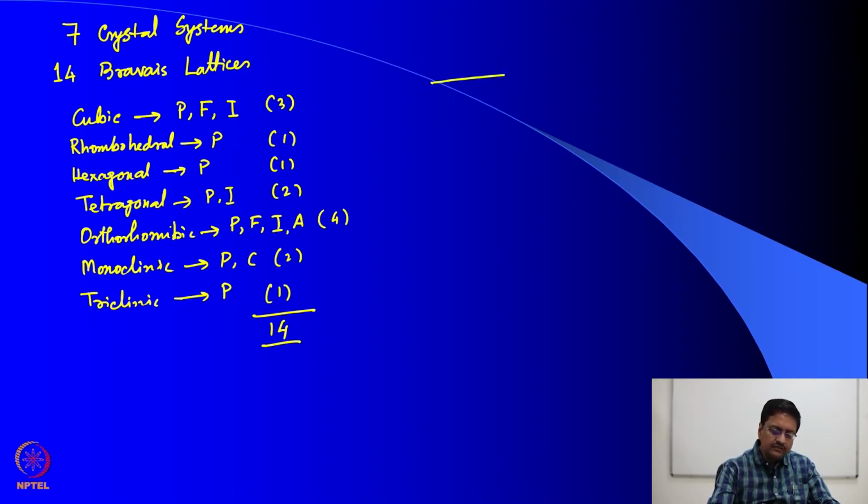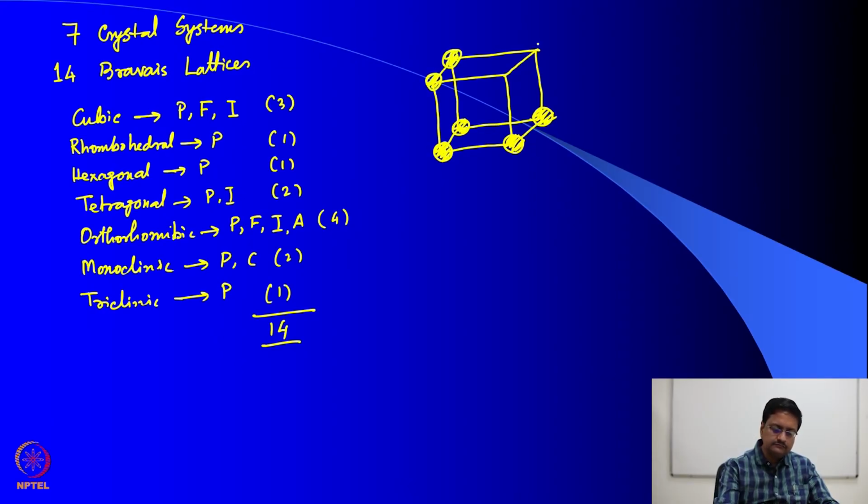I am quickly trying to draw a cubic lattice and explain the possible variations. So if this is a cubic lattice, you have atoms associated at 8 corners, which is called a primitive lattice. So this is called a primitive or P lattice.